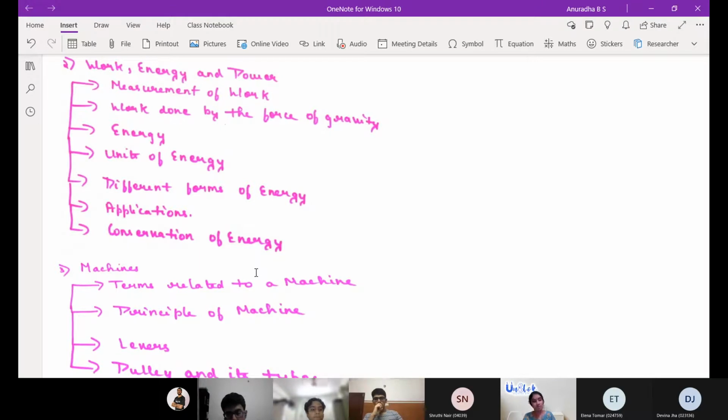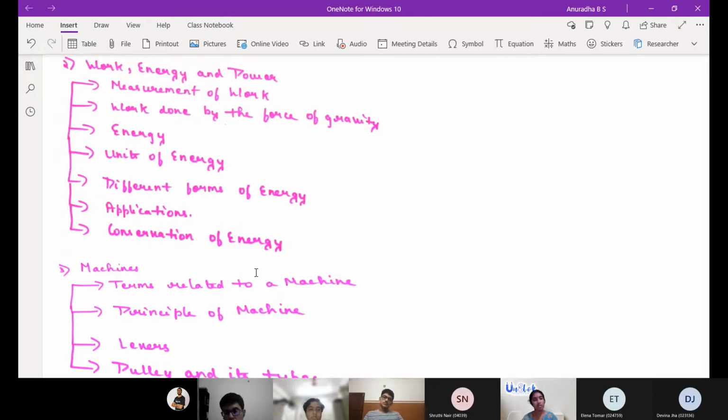You are supposed to know that also. Those are the basic things you are supposed to know. Here we will just take those things up and move on, with a little more added. We connect that with the work done by the force of gravity here. So we talk about energy.